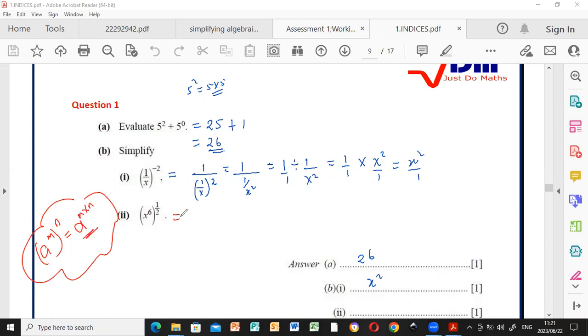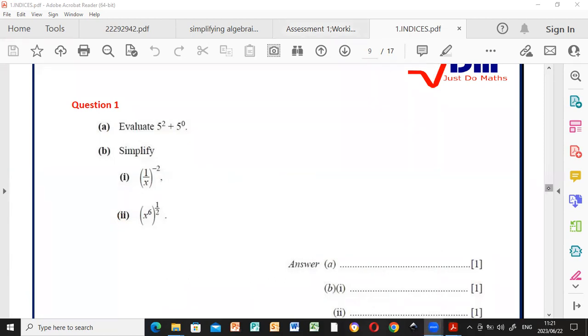So in this case, we need to keep our base. Remember, our base in this case is x. So we multiply the powers 6 times half. What is half of 6? We get x to the power of 3. So x to the power of 3 is our answer. So this is how we were supposed to tackle question number 1.